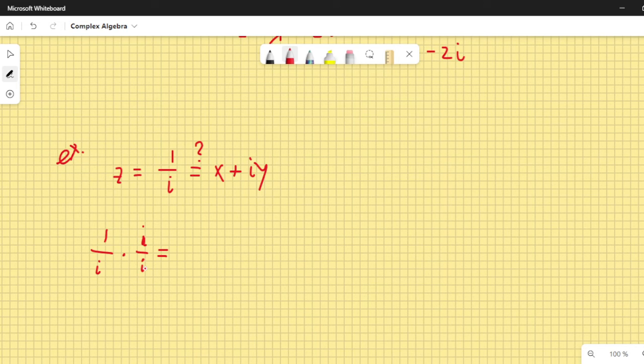I am multiplying by the unit, which leaves the number the same. So I can do the multiplication of fractions. 1 multiplied by i is just i. i multiplied by i is i squared, and i squared is minus 1, and i divided by minus 1 is of course minus i. So we conclude that 1 over i is equal to minus i, which of course is 0 minus i. And that's the x plus iy form.